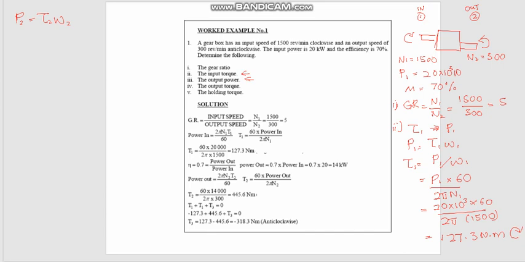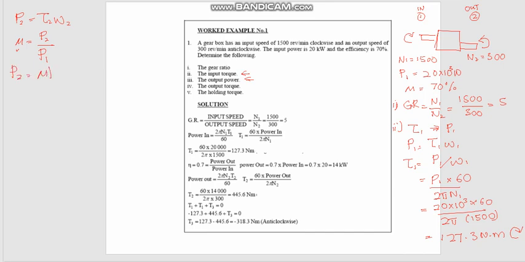But there's another relationship we can use. We can calculate efficiency. Efficiency equals power out, which is P2, divided by power in, which is P1. And P1 is given as 20,000, and the efficiency is also given.